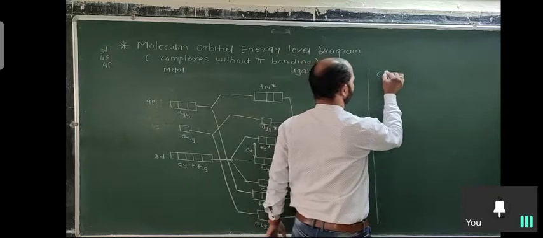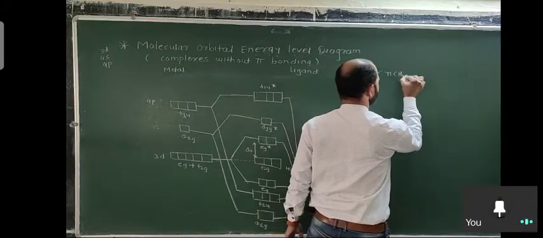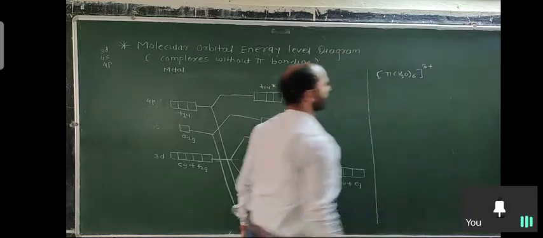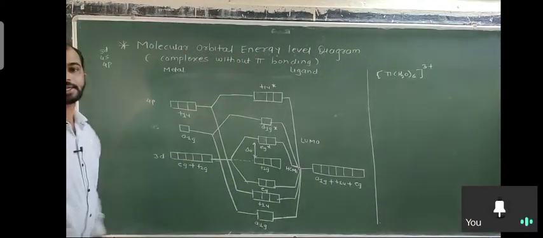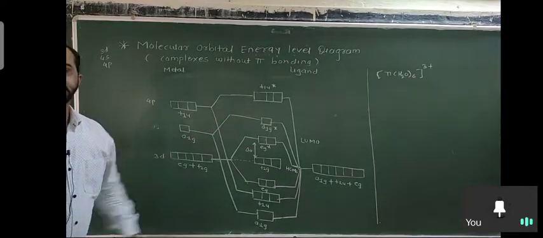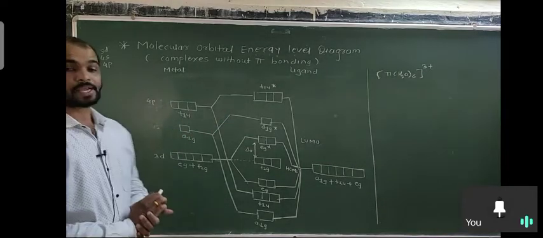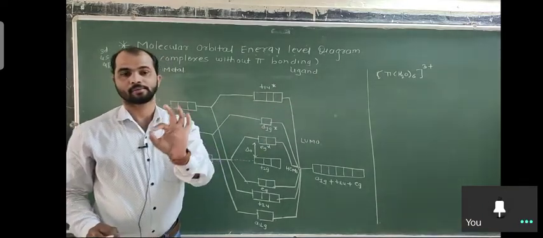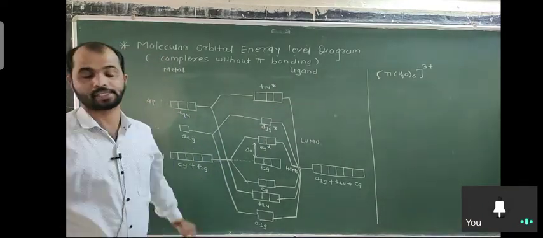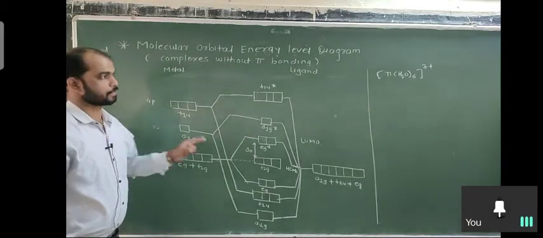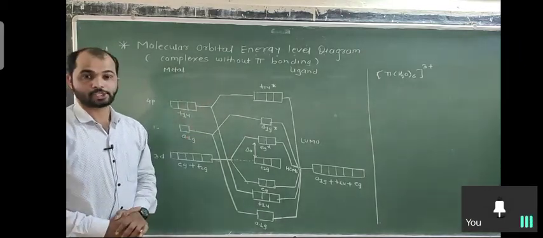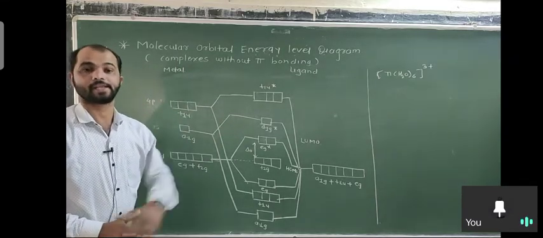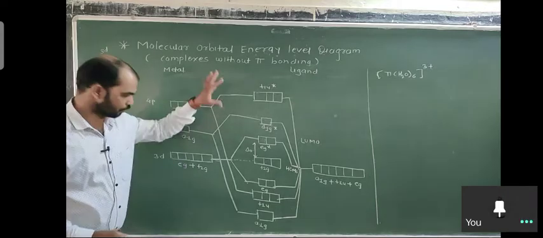For that we consider [Ti(H2O)6]3+. The complex [Ti(H2O)6]3+ is given to you, and the question is to explain the complex according to molecular orbital theory without pi bonding, using this diagram.